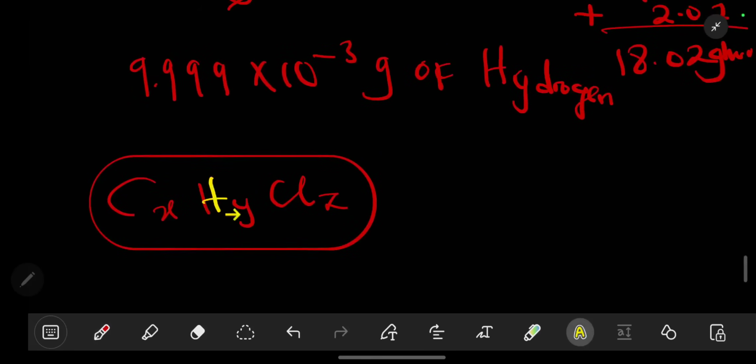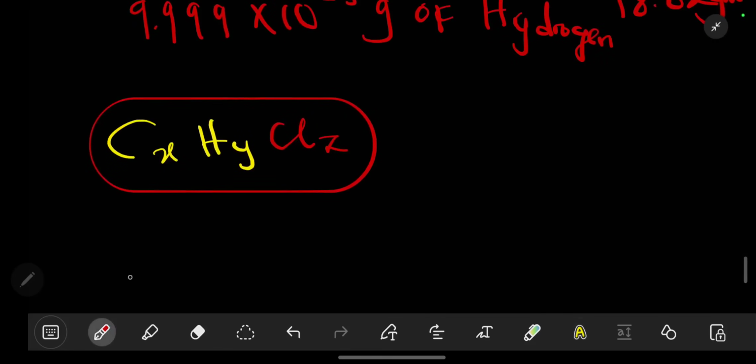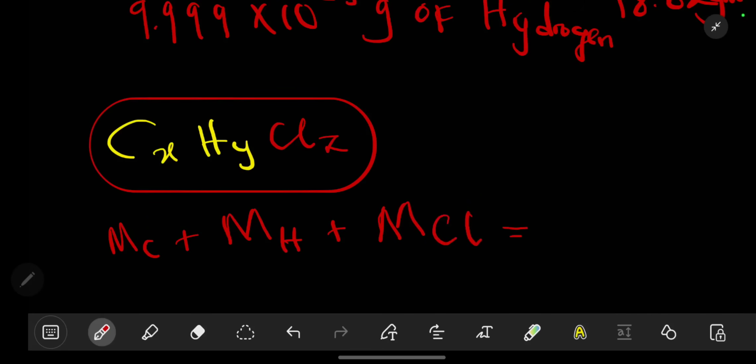We know the mass of this and we know the mass of this, so the only remaining mass is this. The mass of carbon plus the mass of hydrogen plus the mass of chlorine should be equal to the total mass. If you add the masses, it should be equal to the total mass.